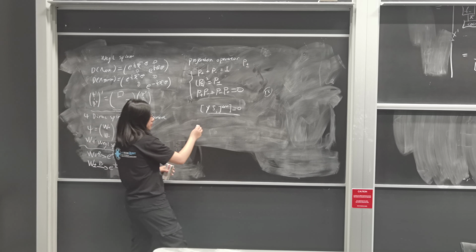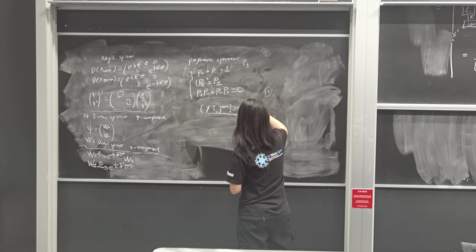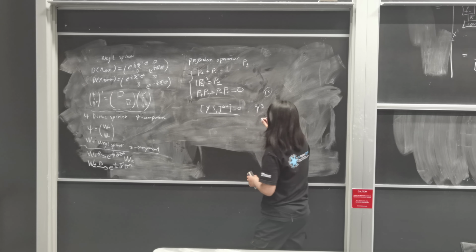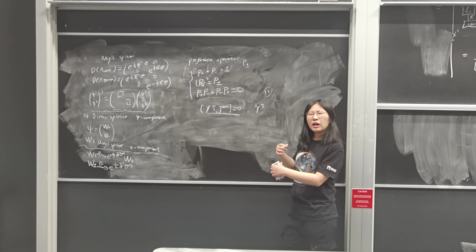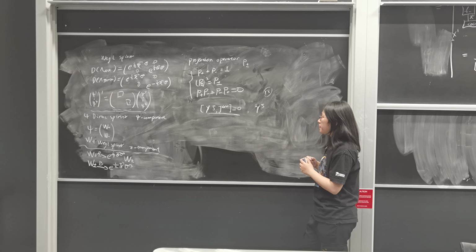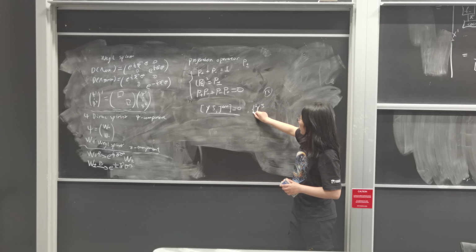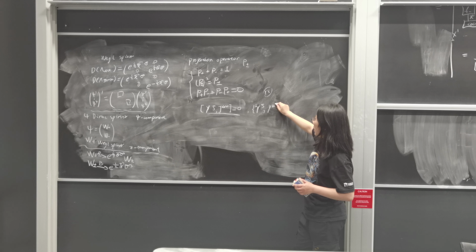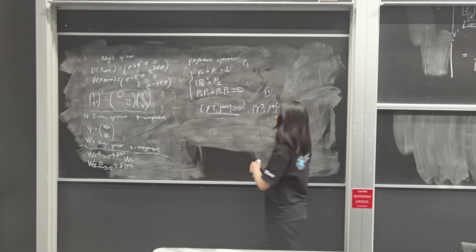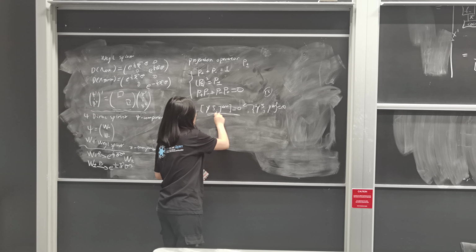Maybe we shall find more properties about it. Maybe gamma5 has some relation with the other gamma mu matrices. Now I want to say that the anti-commutator between gamma5 and gamma mu is 0, so that I can satisfy this.